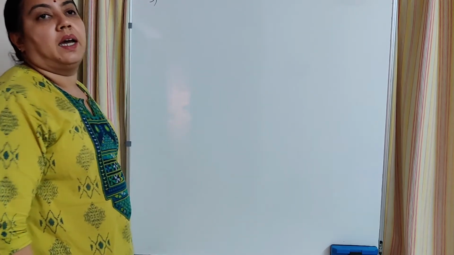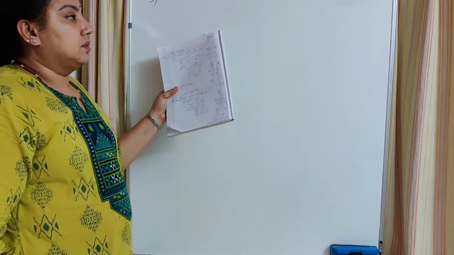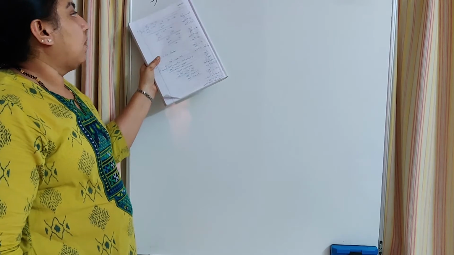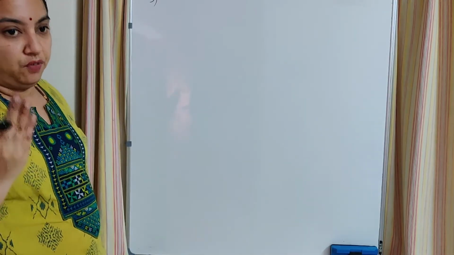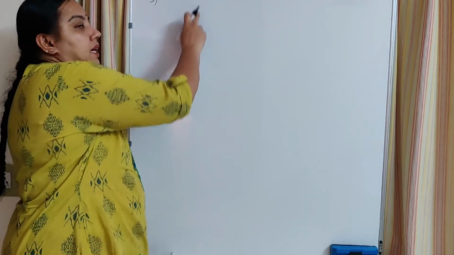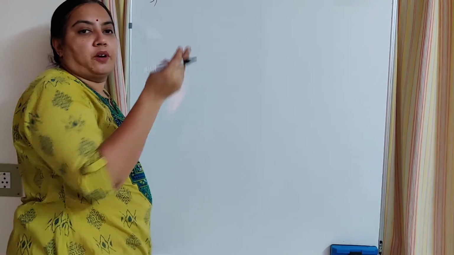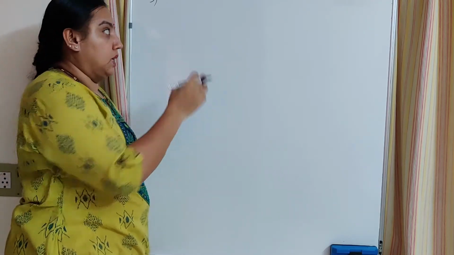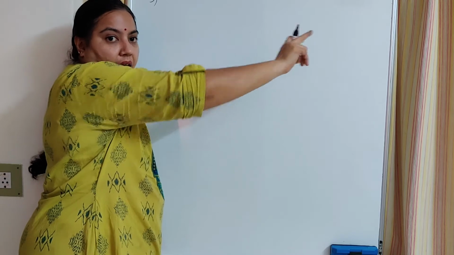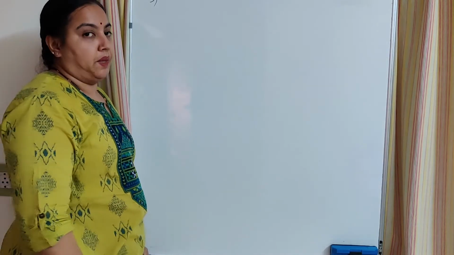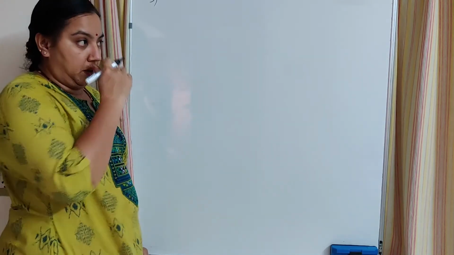Reminding you, what is the meaning of the zeros of the polynomial? This x has got 4 values. When I substitute those values in this polynomial, the value of the polynomial becomes 0, and we call those numbers the zeros of the polynomial.